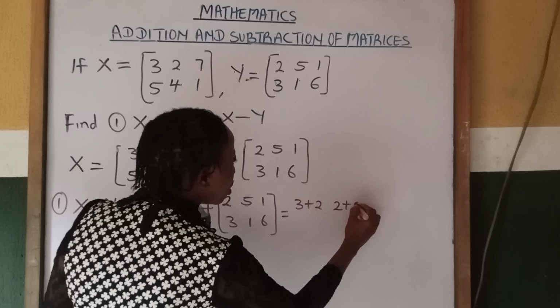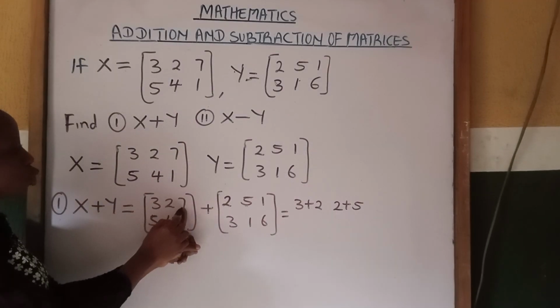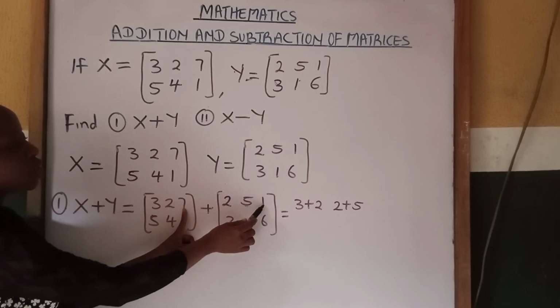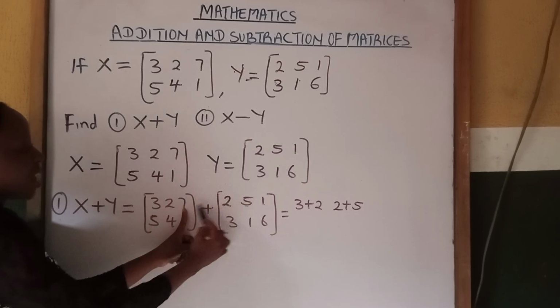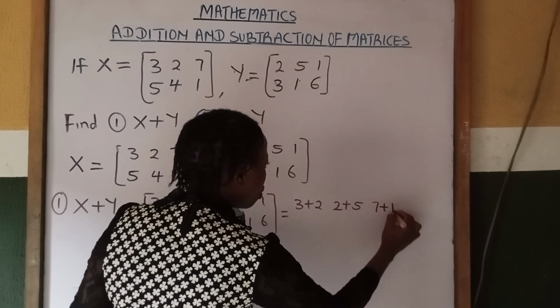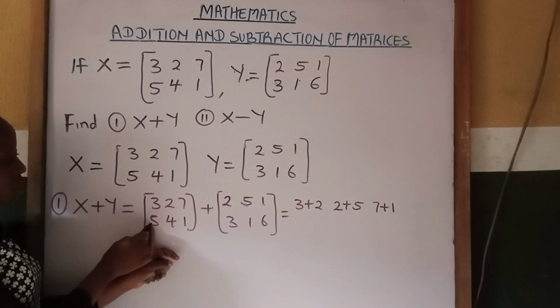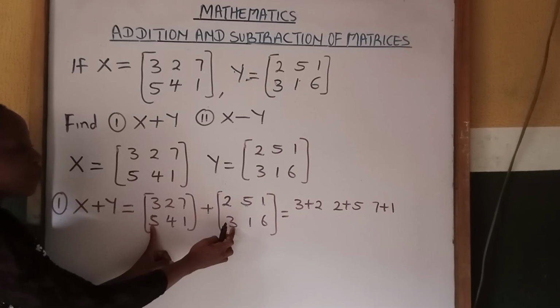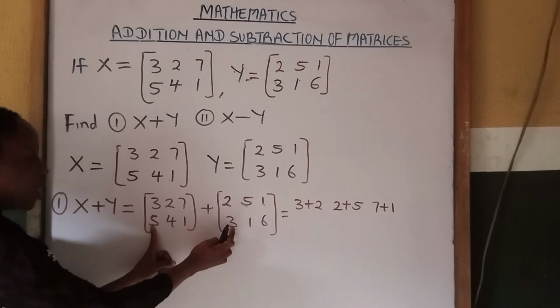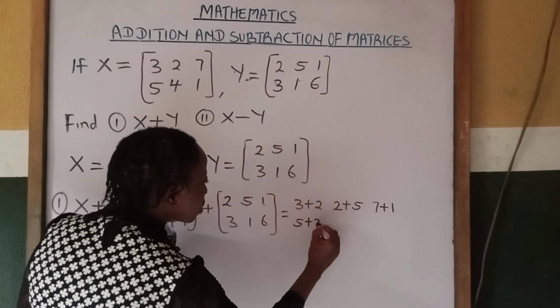The third element on the first row plus the third element on the first row of the second matrix, that is 7 plus 1. Then let's move to the second row: the first elements, 5 plus 3.